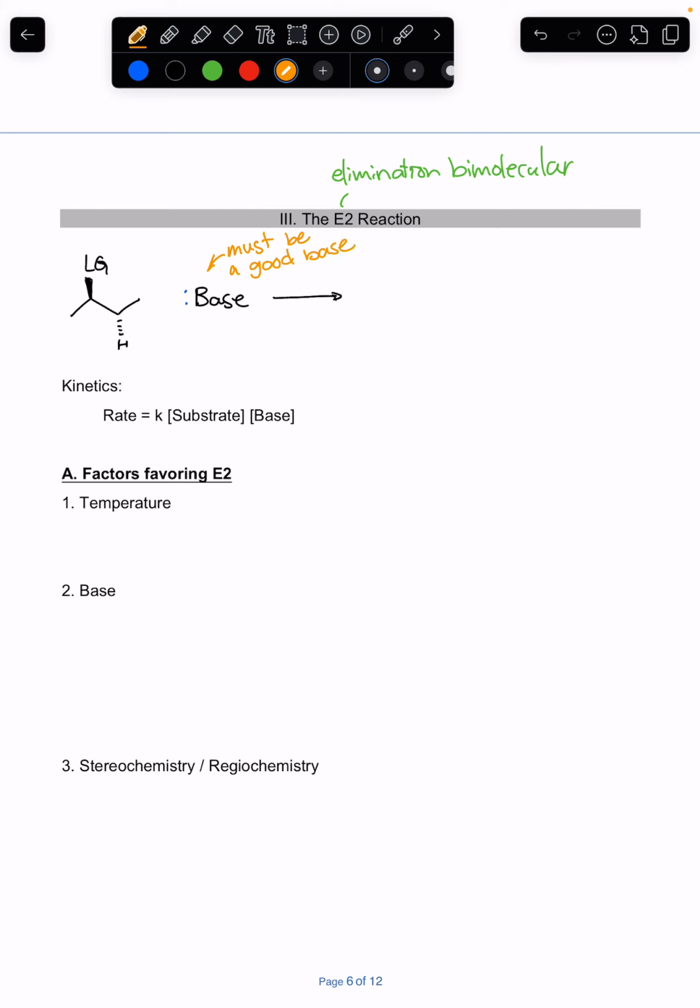And the reaction goes like this. The base will grab the proton that's on a carbon adjacent to the leaving group, because the proton's carbon electrons will fall down to form the pi bond, which will then kick off the leaving group. And notice there's a nice flow of electrons that way towards the leaving group.